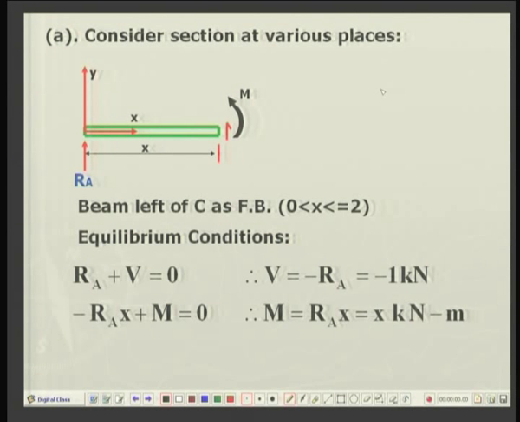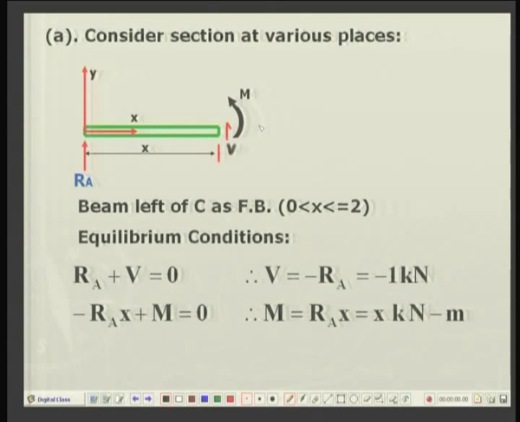There is a reaction R A which was determined as 1 kilonewton, and there is a moment M, and the shear force on this section on the positive surface, a positive upward shear force of V. Consider there is no other loading.